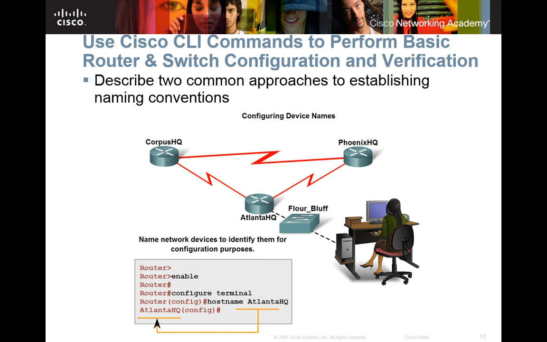So if you identify them as which one they're at, it makes it easier to identify. So all you would do is go in here to enable. Enable, you go into config T. I say config T, it's configure terminal. That allows you to go into that 3rd level, right? And then in that 3rd level, we have our configuration. Then we change host name to Atlanta HQ. So that router name is Atlanta HQ.